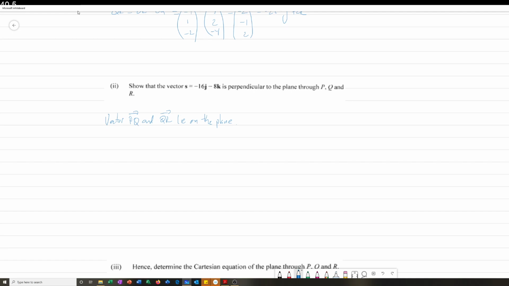And we say that this vector is perpendicular to the plane. So if this vector OS is perpendicular to the plane, then OS is perpendicular to both PQ and QR.